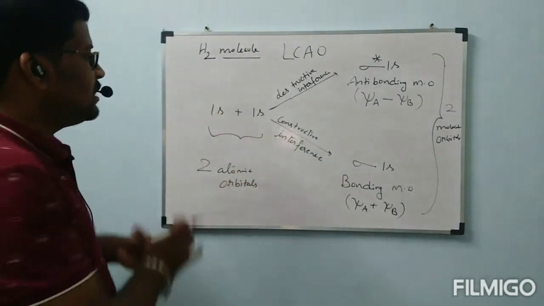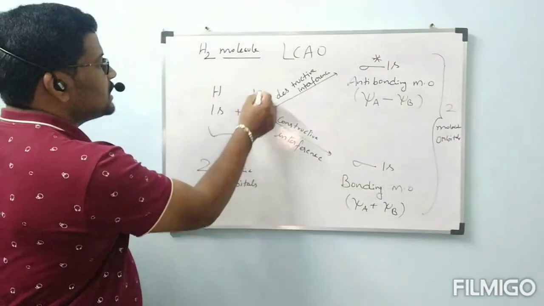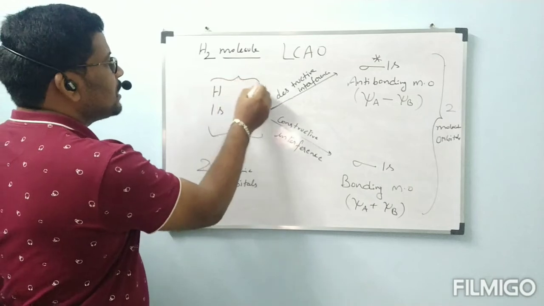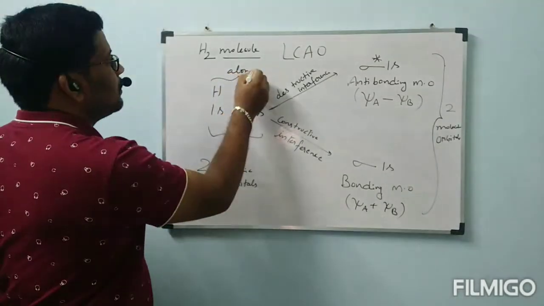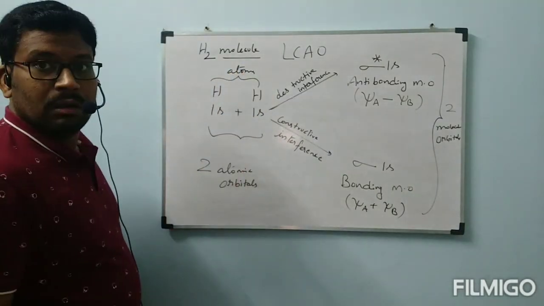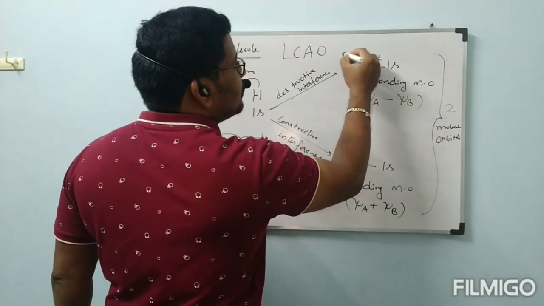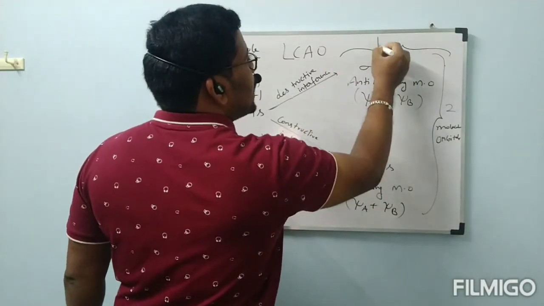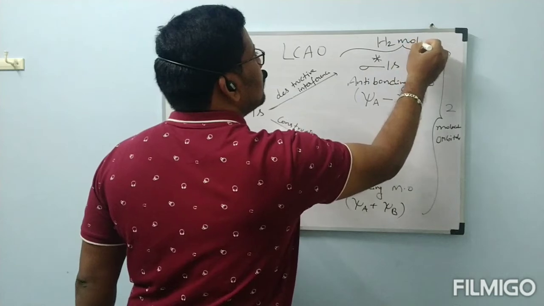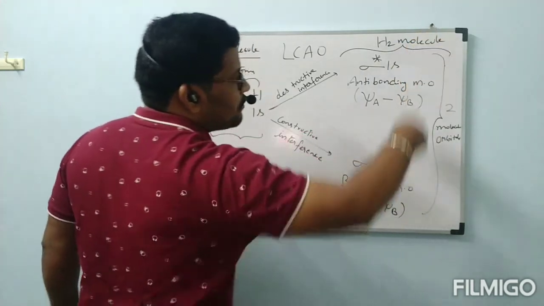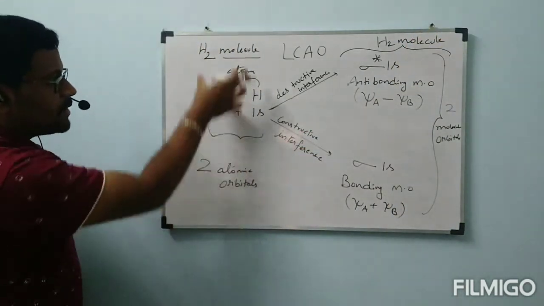Okay, note down this representation also. 1s and 1s belong to hydrogen. This is also hydrogen. These two are hydrogen atoms. These two belong to the H2 molecule. That's why these are called molecular orbitals and these are called atomic orbitals.